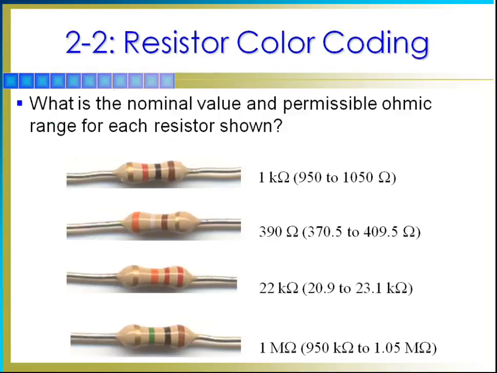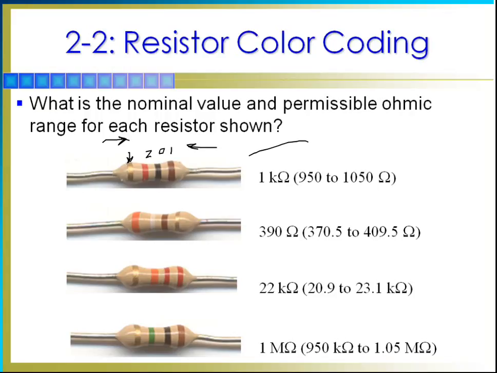Alright, now when we talk about the tolerance, they've got these resistors facing the wrong direction, because normally we're going to read from left to right, but we can still read from right to left. So 102, so this is 1,000 ohms, plus or minus 5%.